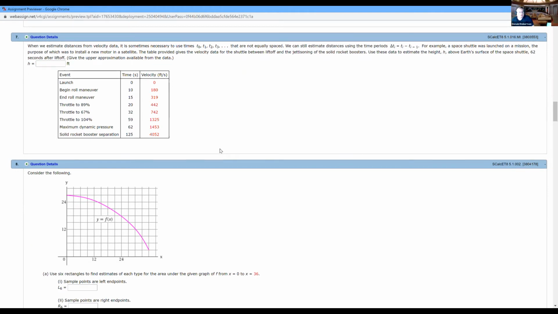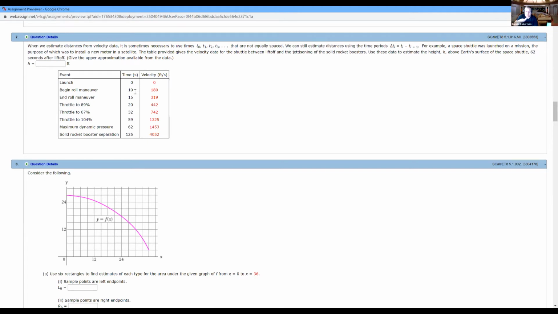Right, here you get a different one. It says when we estimate the distance, the times are not equally spaced. It says we can still estimate the distance by just basically taking this data. So this is a one-off question. If you wanted to do an estimate of this, if you go 0 to 10, would you agree the bottom would be 10?